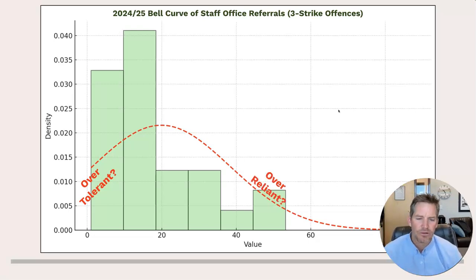On the other side of the bell curve, we've got teachers that are doing 40, 50 office referrals per year. And that might indicate that you've become over-reliant on that system. You've kind of exported classroom management to the office, and that's not healthy either.